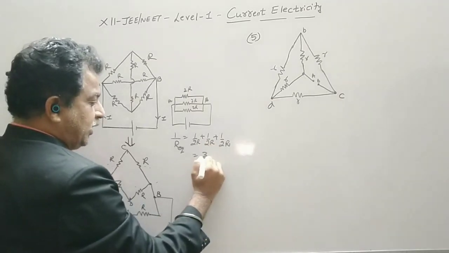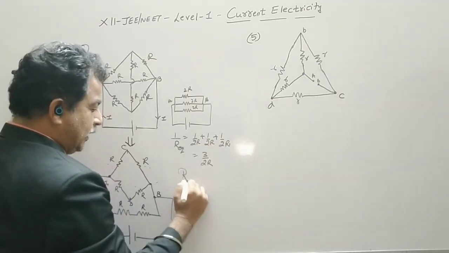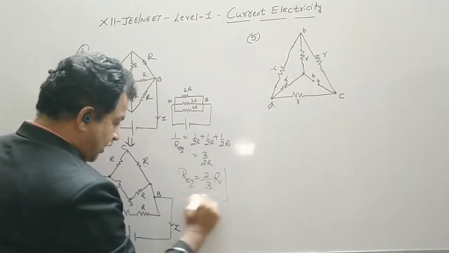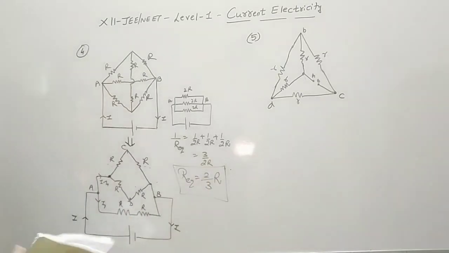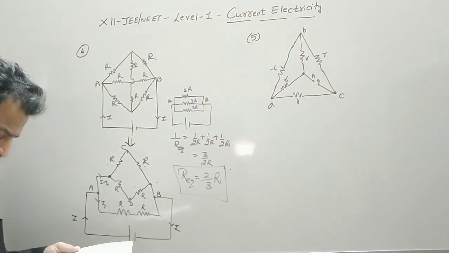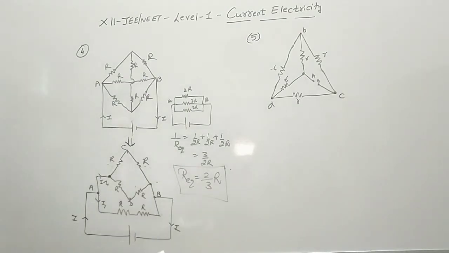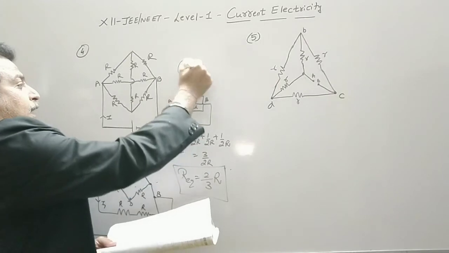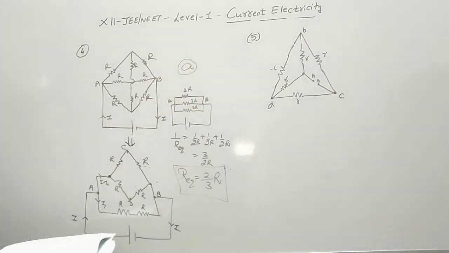That becomes 3 upon 2R. So R equivalent becomes 2 by 3 R. This is the equivalent resistance of the given figure, that is option number A.